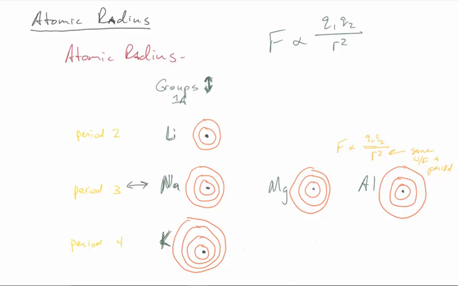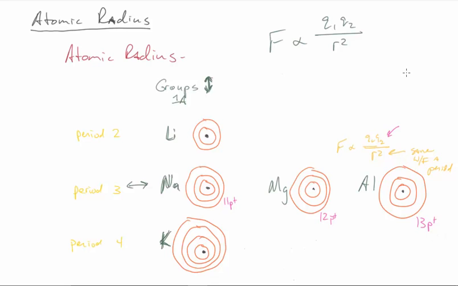Now, this is where we start to get differences. The nuclear charge is increasing across a period. Sodium has 11 protons, magnesium has 12 protons, and aluminum has 13 protons. So the charge of my nucleus is getting larger as I go across that period.